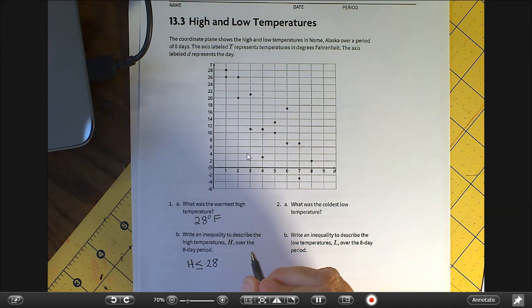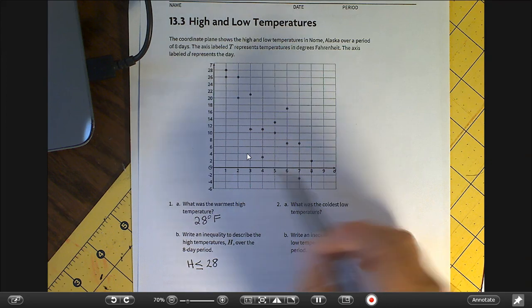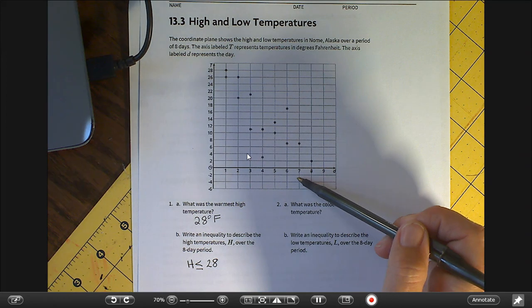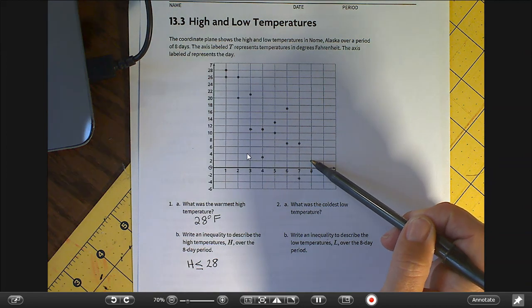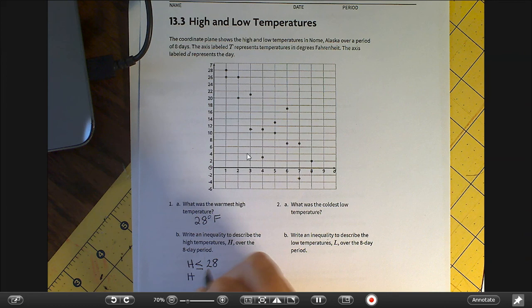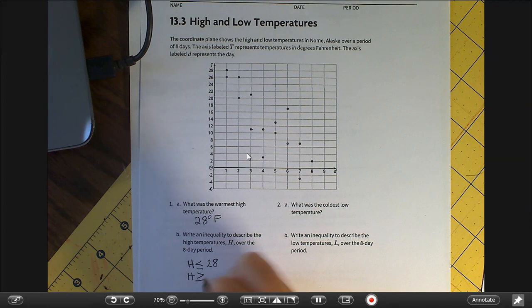You could also say the high temperature was greater than or equal to 2.